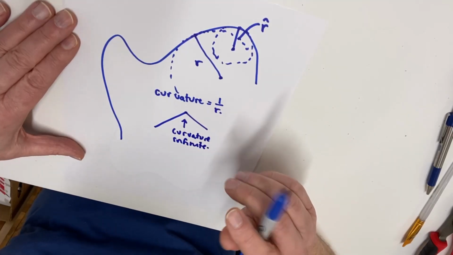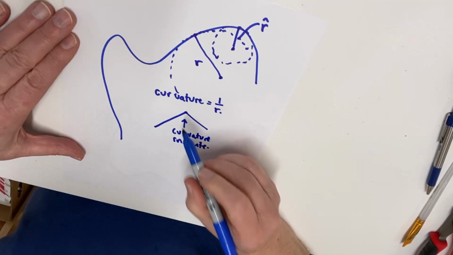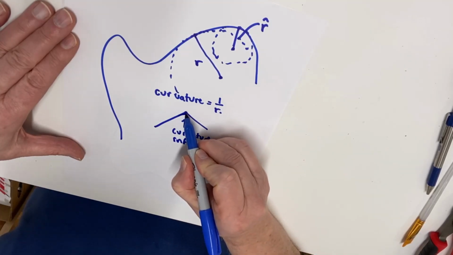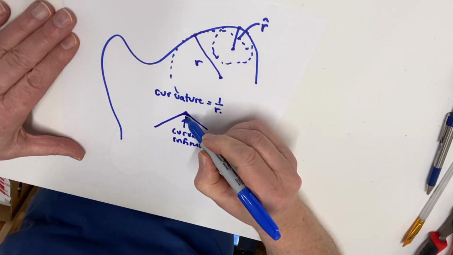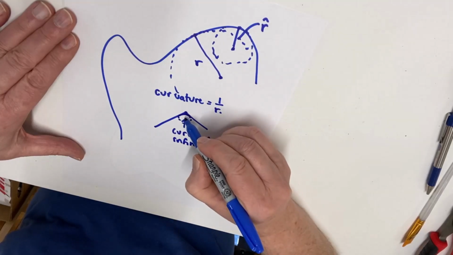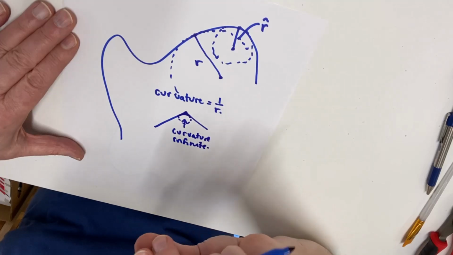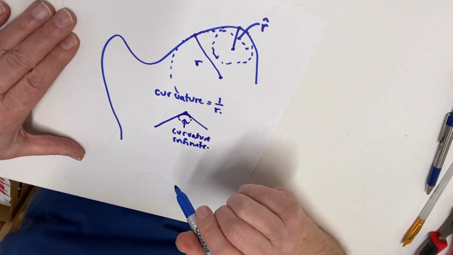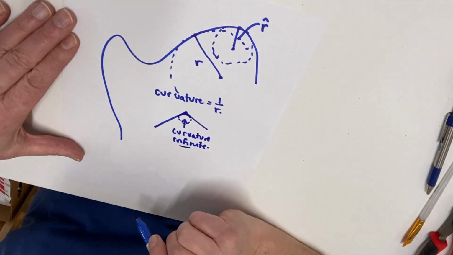And if you know any calculus, the way you can make sense of that is if you took this shape and rounded it out just a little bit, then this curvature would be really big because the radius of this little circle is small. And then to get the actual curve that you want, you have to let that smoothing go to 0. And so the curvature is infinite in that case.